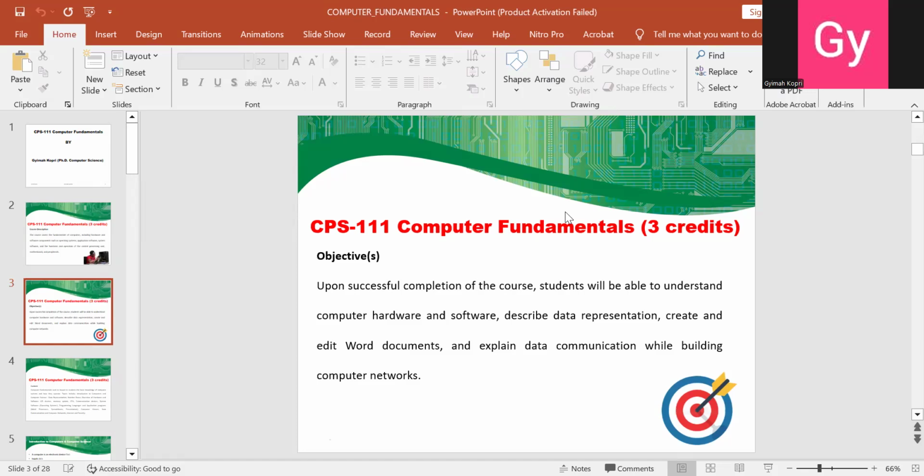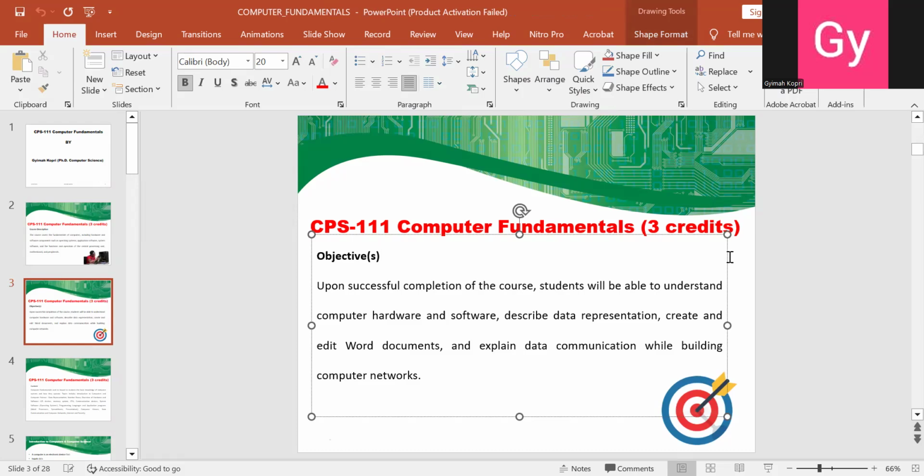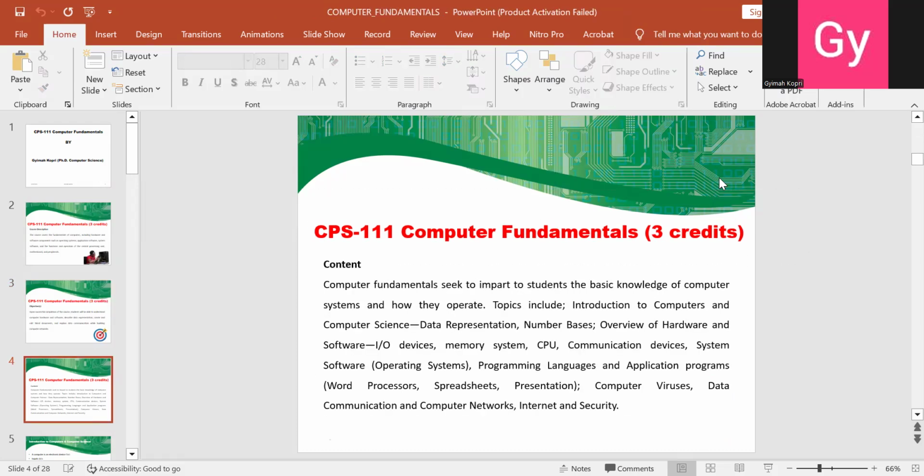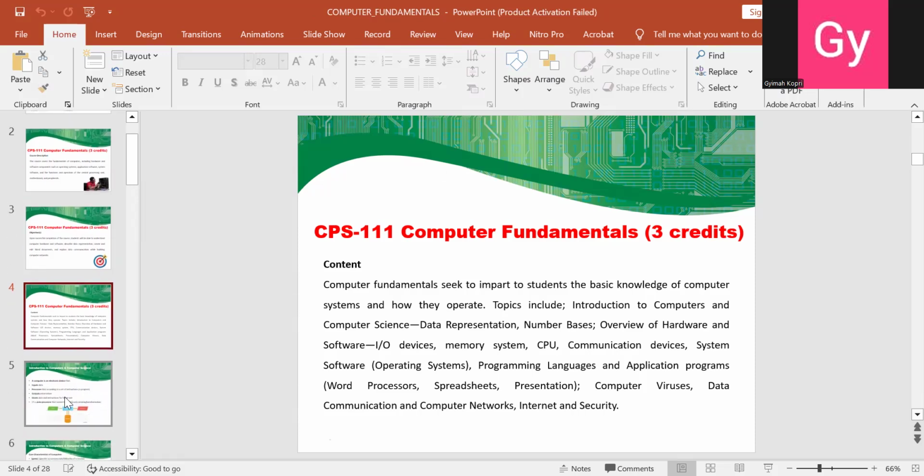If you have computer A and you want to communicate information from computer A to computer B somewhere, this is where your networking and telecommunication comes in. You'll be dealing with that too. Let's go to the content. I'll allow you to read it yourself, so let's just jump into action.